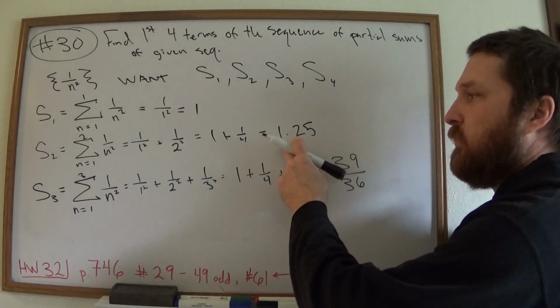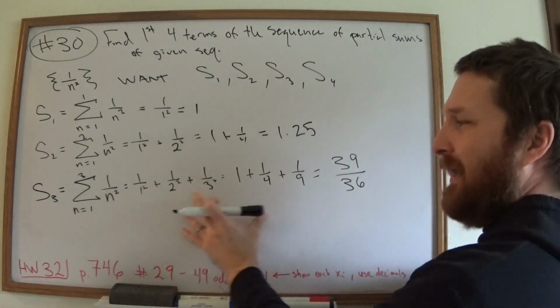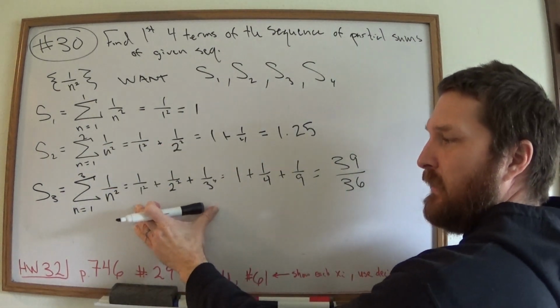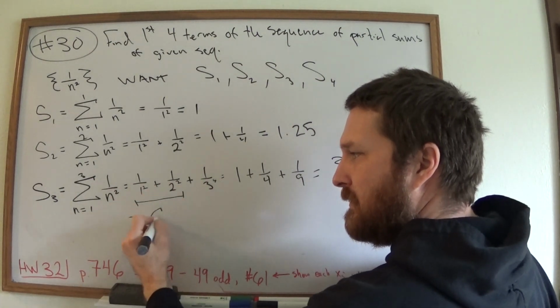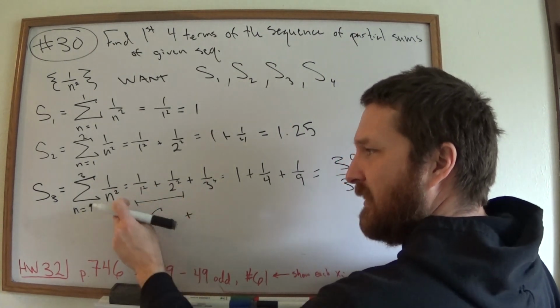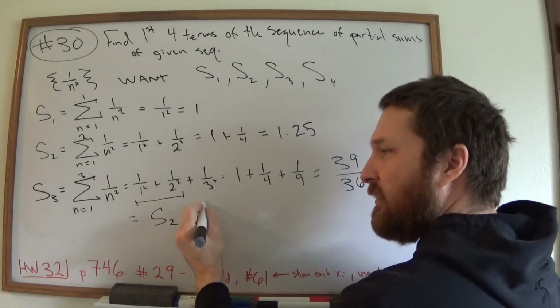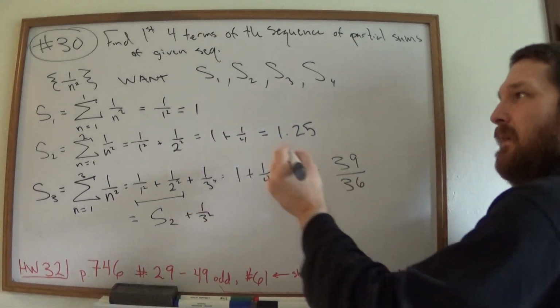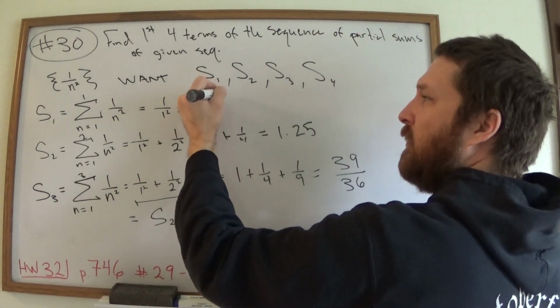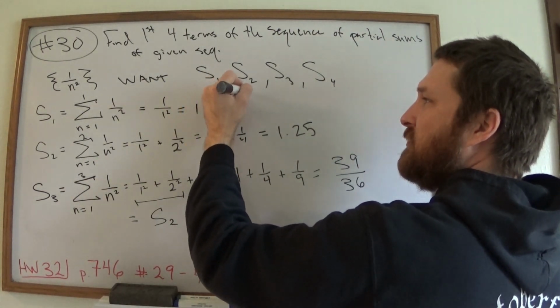Or you could say, well, we know S3 is the same thing as, isn't that just S2? Then just add it to whatever the third term was, which happened to be that. Right? Like thinking about this, this is just your A1.